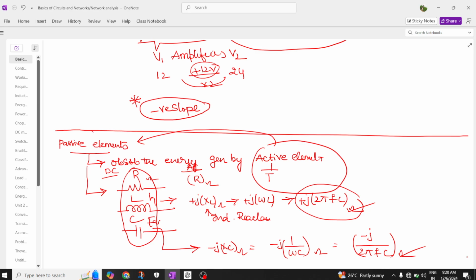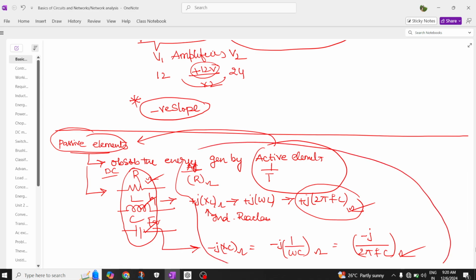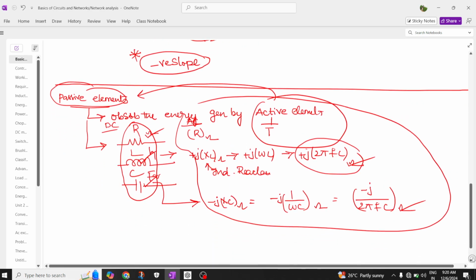So the basic passive elements are resistor in the DC form, inductor and capacitor. If I express them in AC form, they will all be converted into ohms. So this is all about active and passive elements.